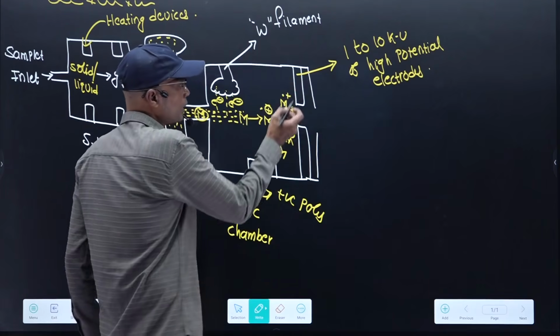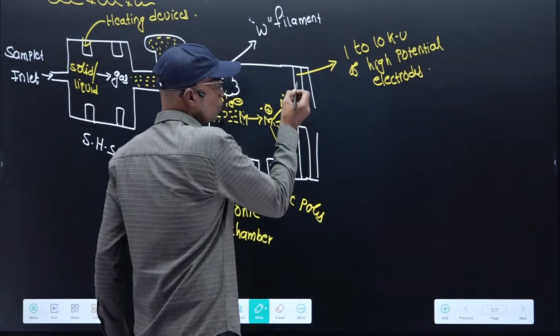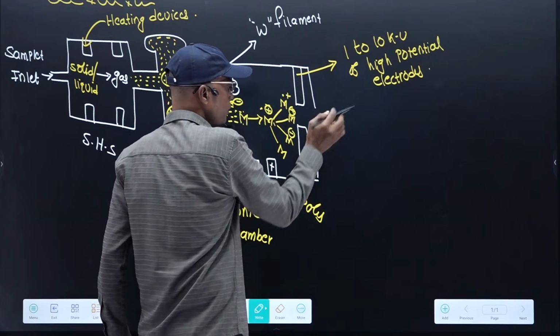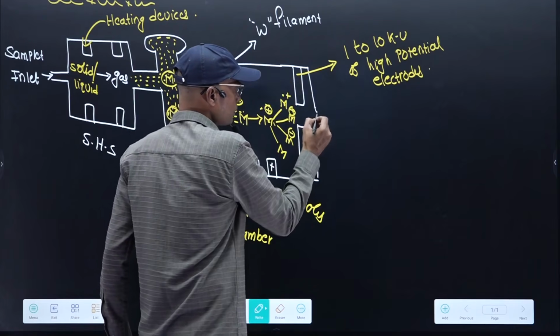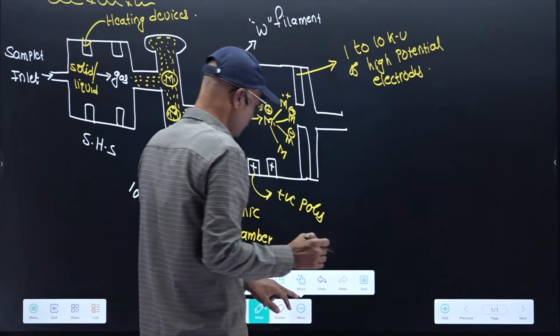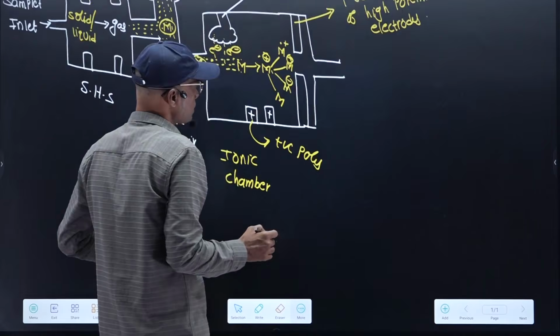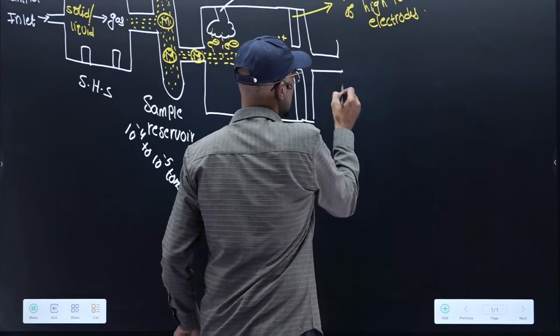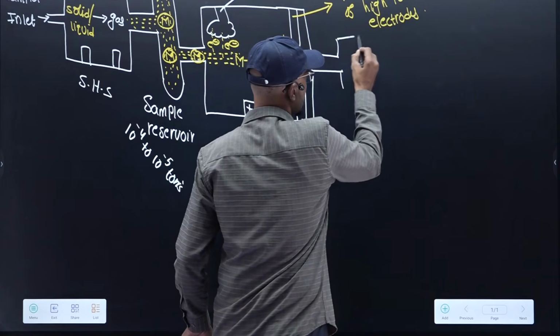This outlet carries two high potential electrodes, which allow the corresponding positive ions to move outside. Okay, they are readily entering here, and here we are connecting a U-shaped mass analyzer. Here you will expect a mass analyzer like this. This is called the mass analyzer.